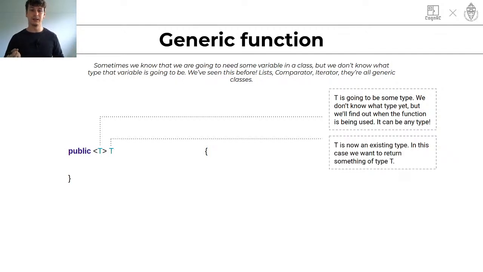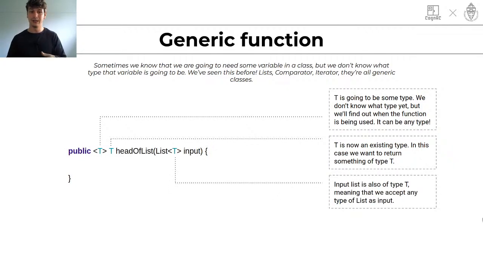Then we're saying T, and basically this T means the return type of this function, right? So for example, a toString method is of type string. This method is of type T. So T is now an existing type because we basically declared it over here. So this function is going to return a type T, and in this case, we're calling it head of list. So basically what this function is going to do, it's going to return the first element of a list.